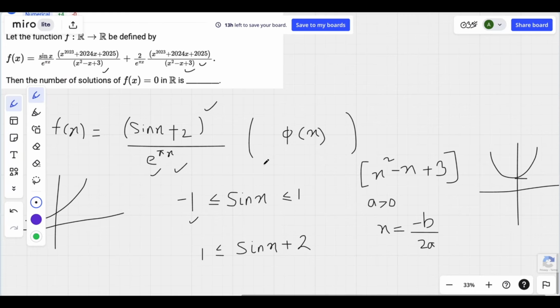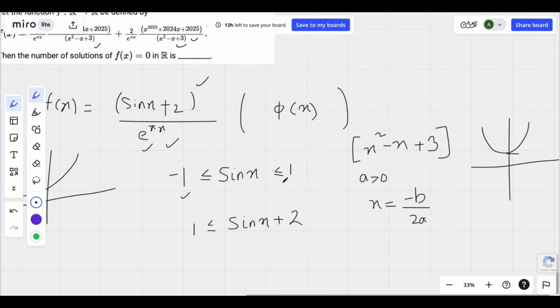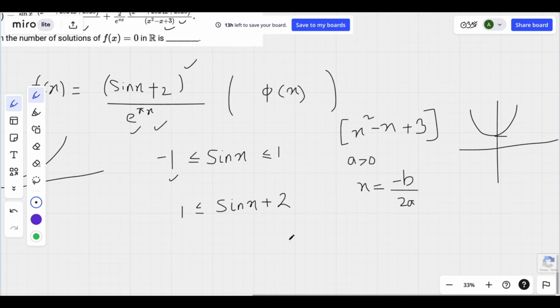So till now we have figured out three things: this will always be positive, this also will be a positive function, and this is also a positive function. Now we have to see this last one. Let's call it g(x).